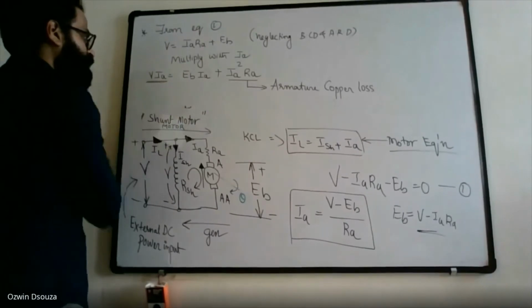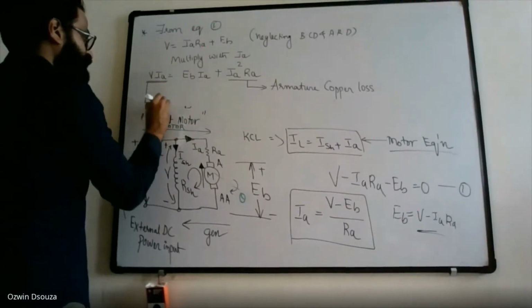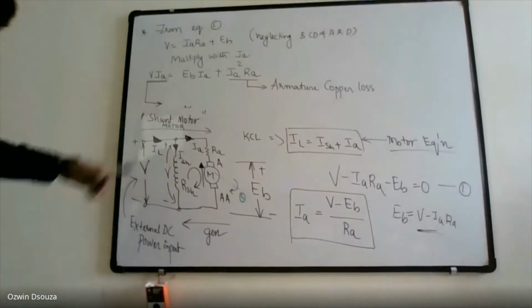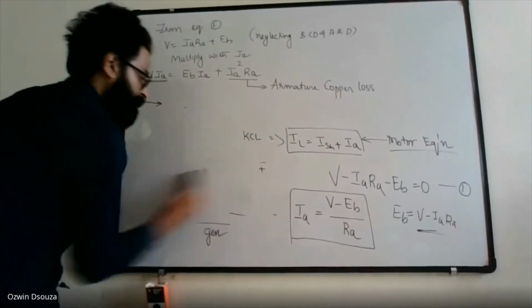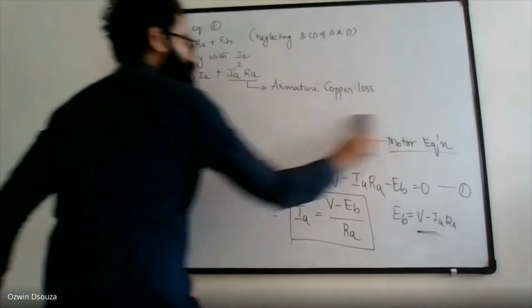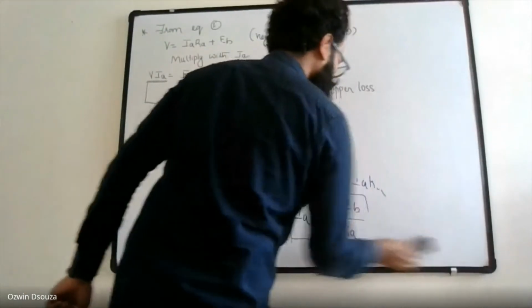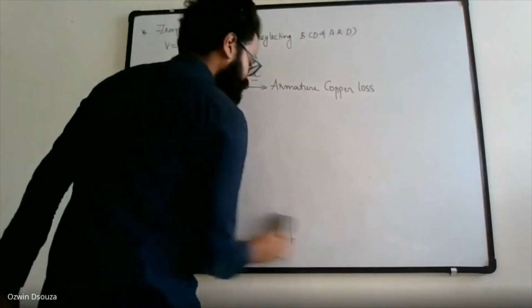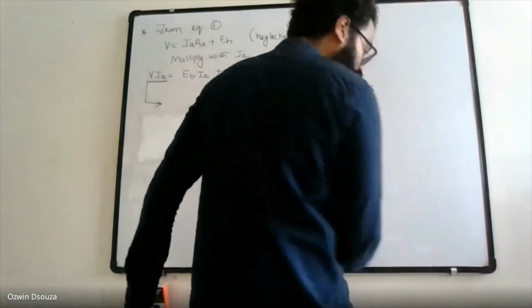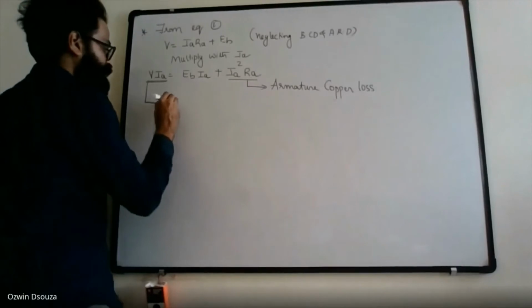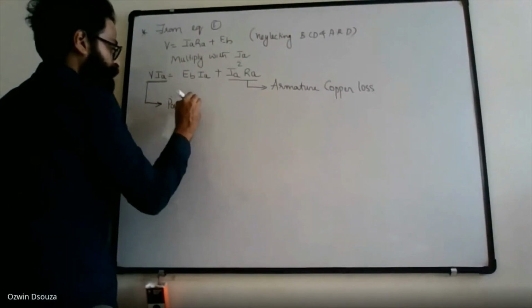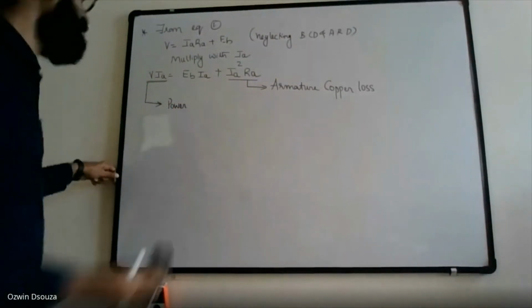On the other hand, V into IA. I don't need this diagram anymore. V into IA, what is it? What is V? V is external voltage, and IA is armature current. So V into IA is called external power input, right?